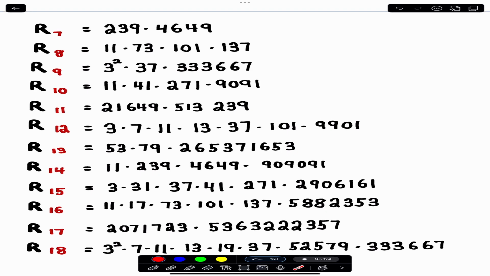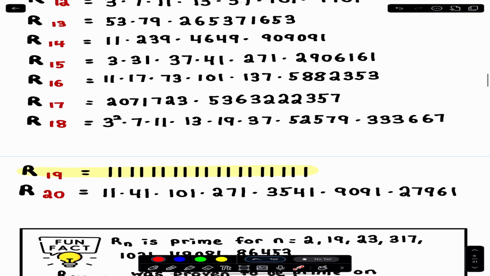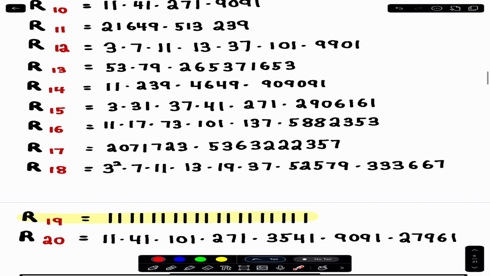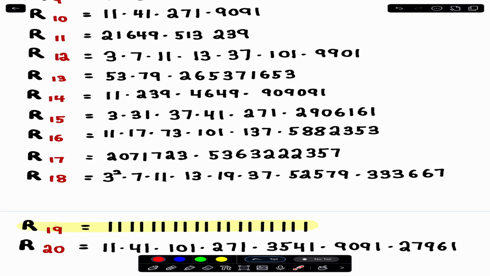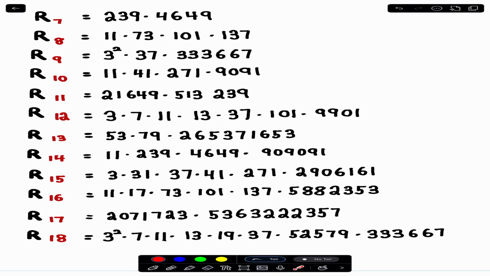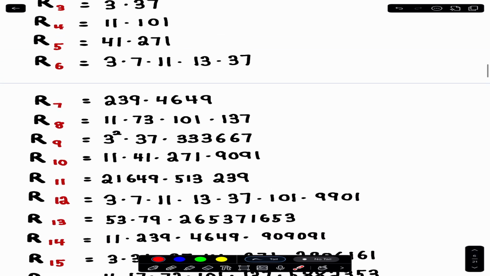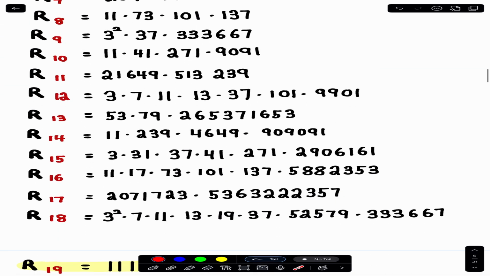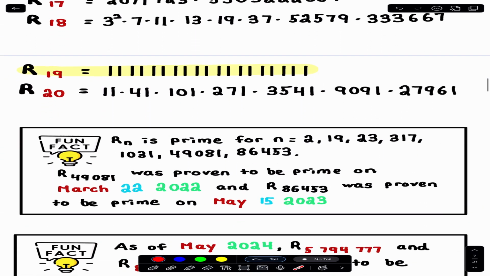All of these can be factored as follows. So I've just included the first 20 rep units for you for the problems that we do later, and you can always reference these if it helps. Just thought it might be something useful to you.